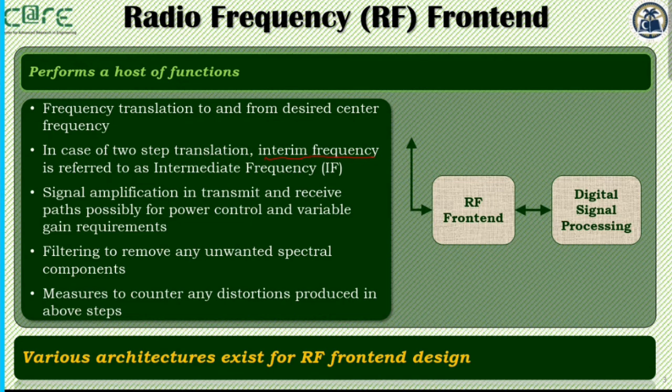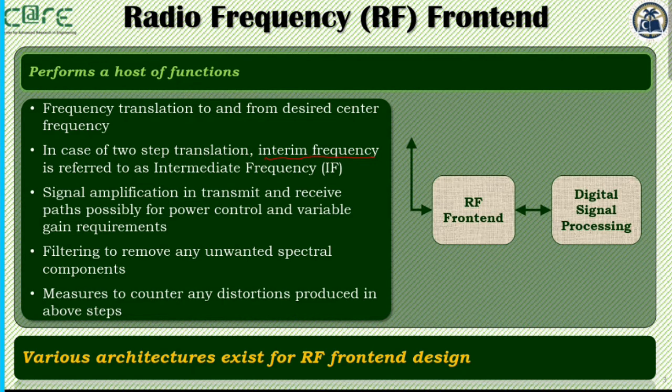And a similar process happens at the receive side in down conversion. The radio front end might receive the signal from the desired carrier frequency and convert it to an intermediate frequency, IF frequency, and then that IF frequency is further down converted to the baseband.